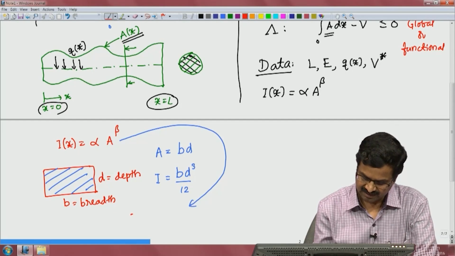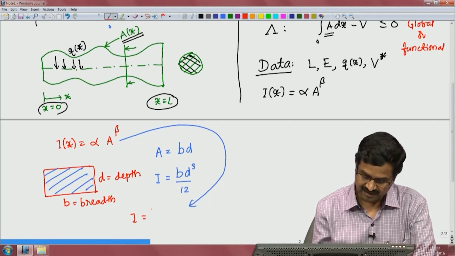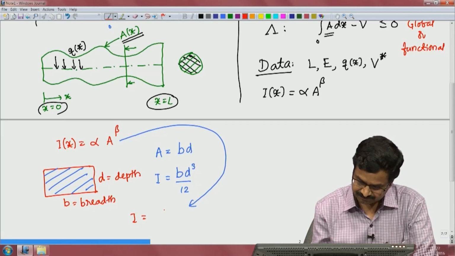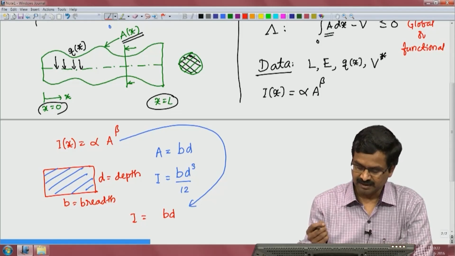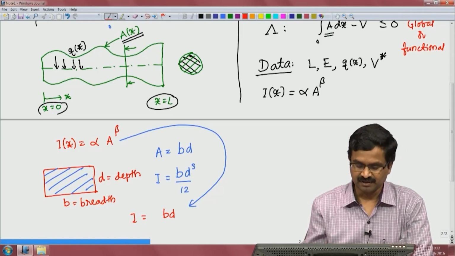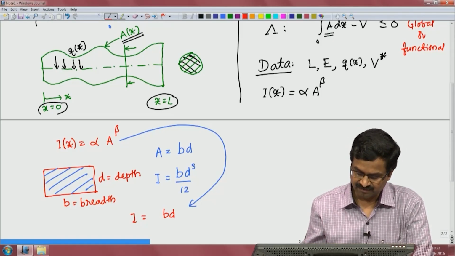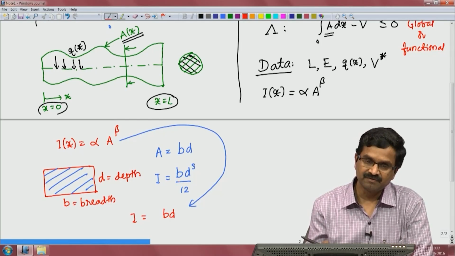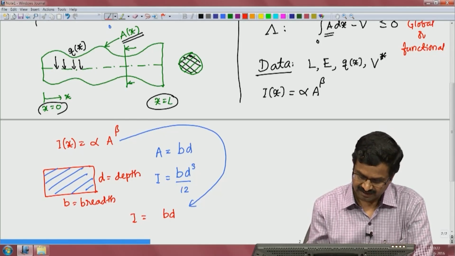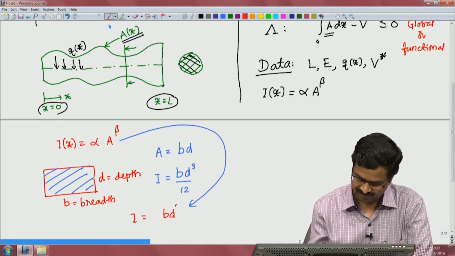In this case I, which is B d cube by 12, I can write as B d. Okay. It depends on what we assume as known, breadth or depth. To begin with, let us say that we assume that B is the variable whereas D is taken. So, I can write this I as B d cube by 12, right.